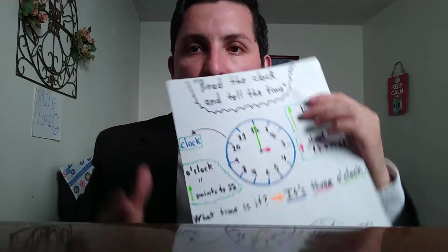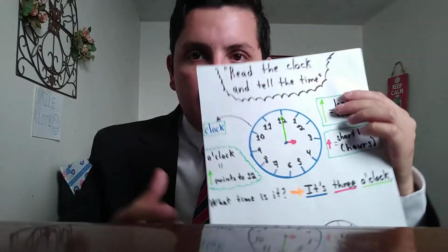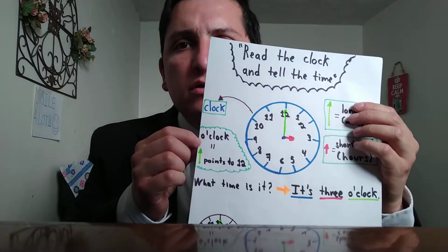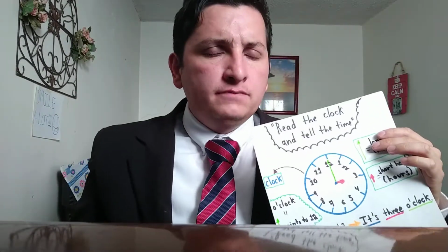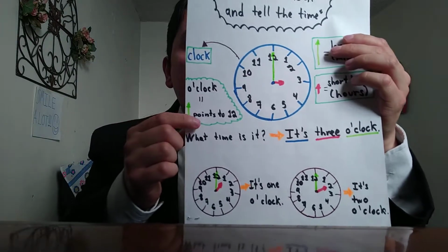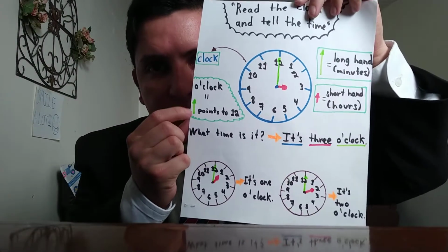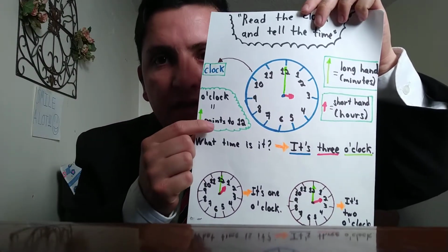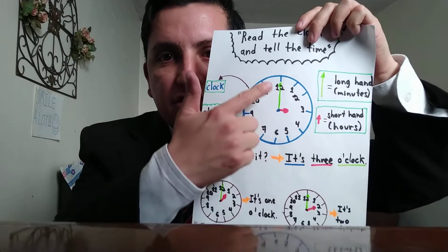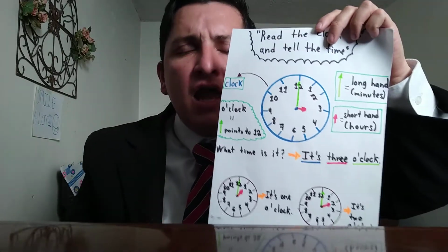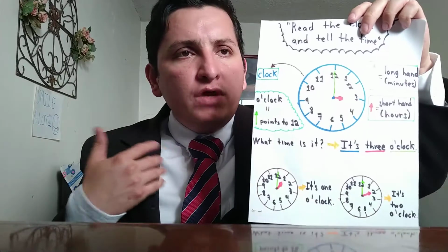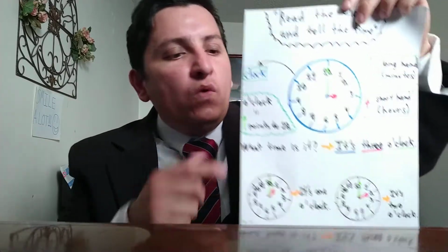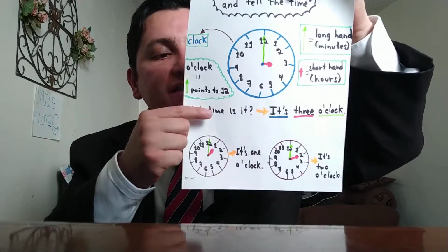The first expression that we are going to learn today is o'clock. When do we say o'clock? We say o'clock when the long hand, the green hand, points to number 12, as you can see right here. And usually, when we want to know the time, we ask this question: What time is it?